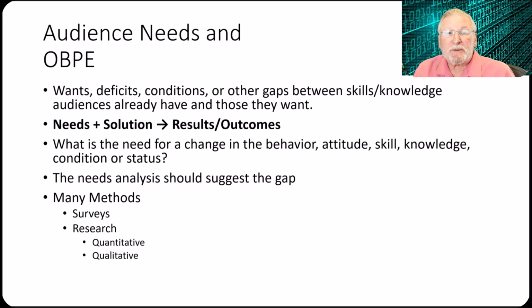There are many methods to do needs analysis, and the UA Needs Analysis Handbook I've provided covers many of them, so I won't go into detail. Talking to your target audience directly is always good, but time-consuming and possibly expensive. You can also do indirect research. For example, there's published data on literacy rates that may be sufficient if you're doing a literacy program.